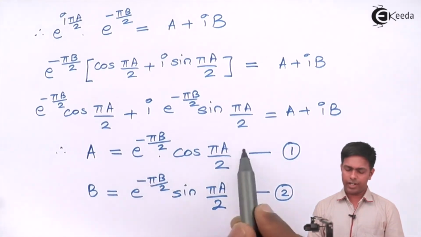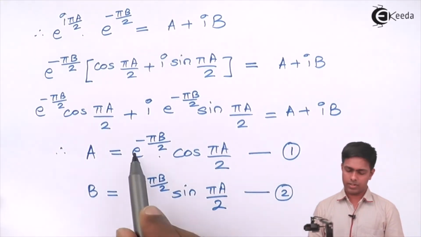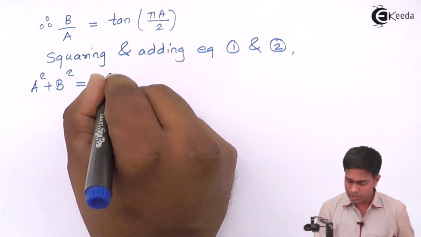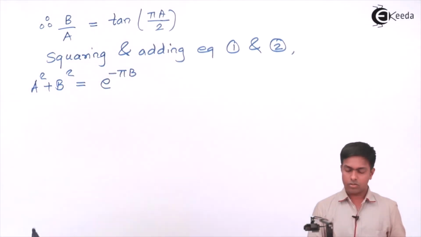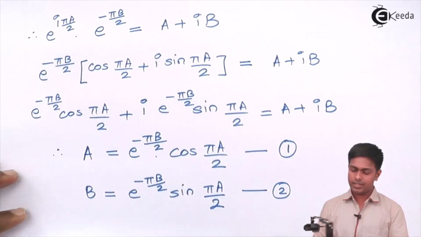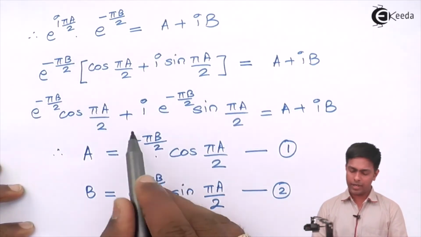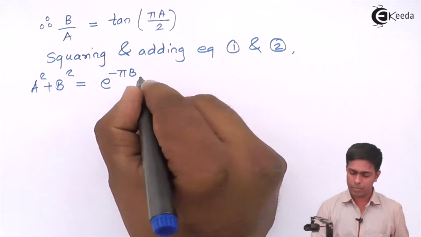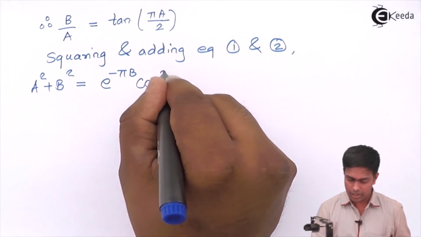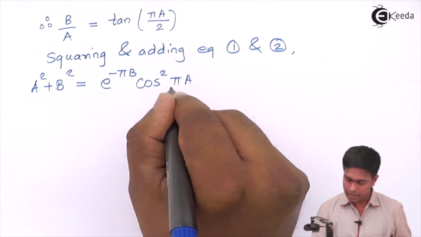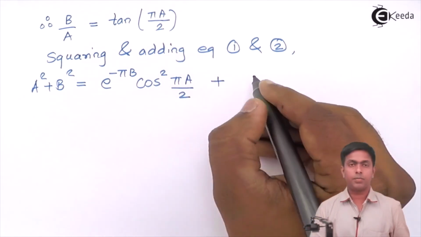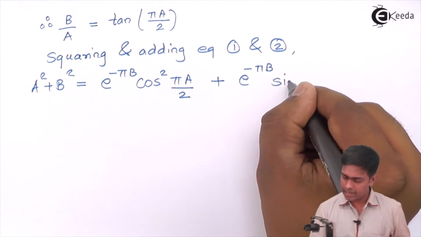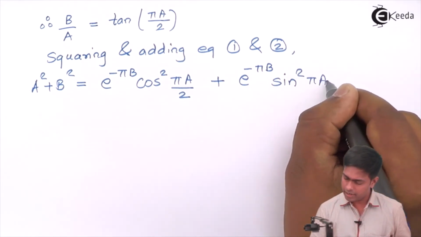If we take the square of these two terms, this term is gonna be a common term. The original term is e raised to minus pi b by 2. I am taking the square of this, so 2 and 2 will be cancelled and I'll get e raised to minus pi b cos square pi a by 2. Similarly, e raised to minus pi b into sine square pi a by 2.